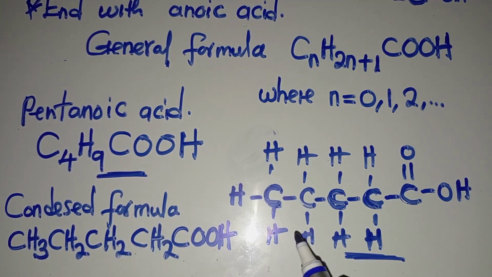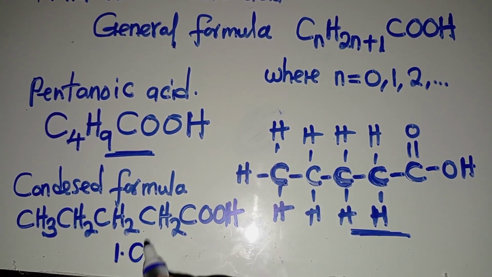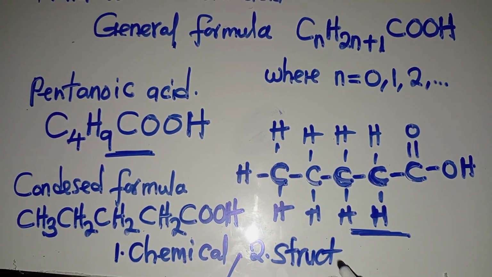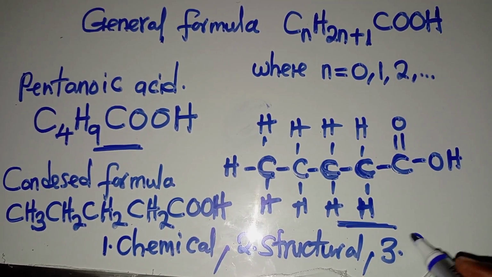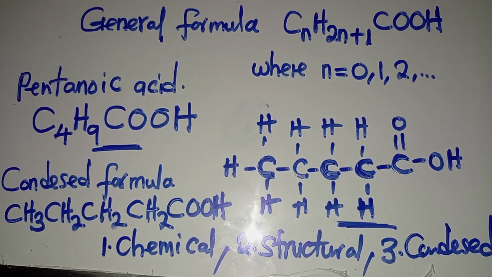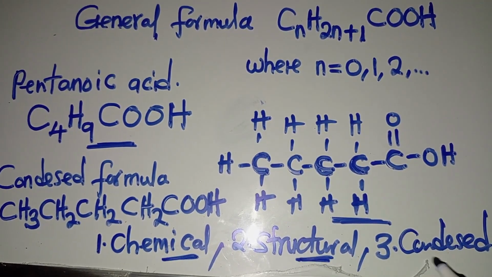What I've taught you is that you need to know, 1, how to write chemical formulas. The second, how to write structural formulas and understand them. The third, how to come up with condensed formulas. Just these 3 things.